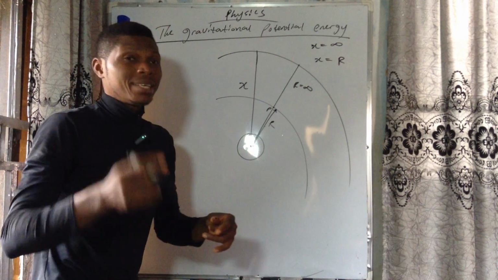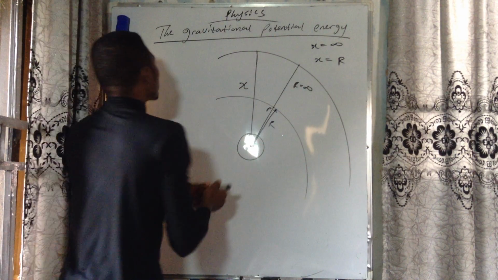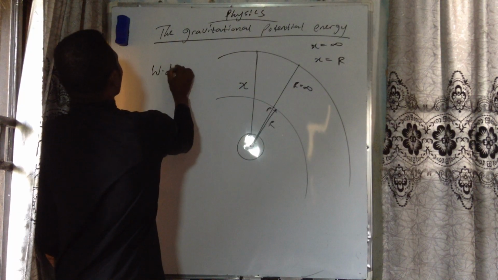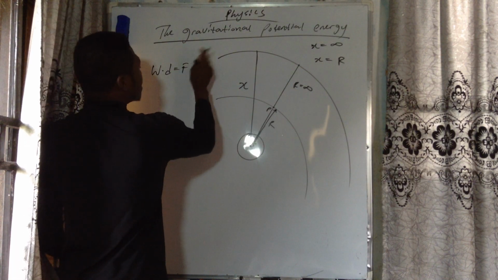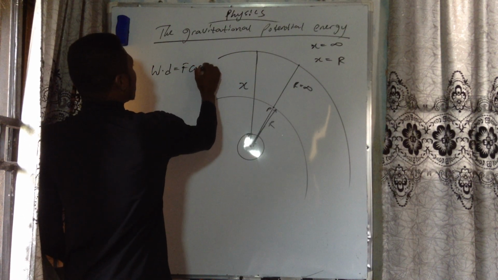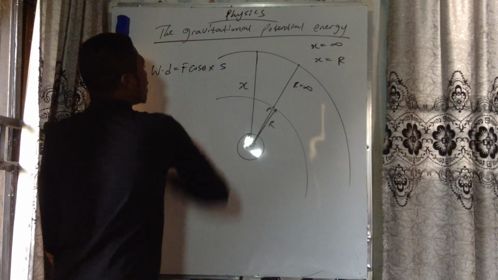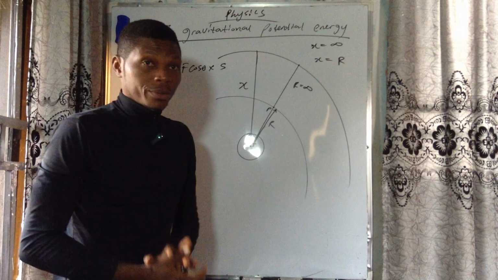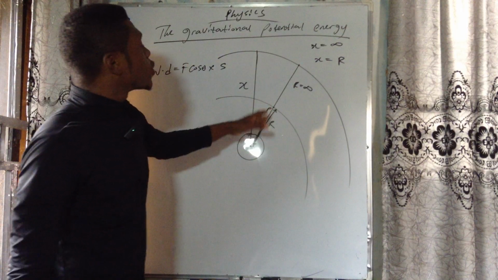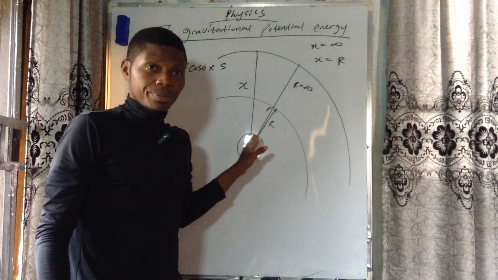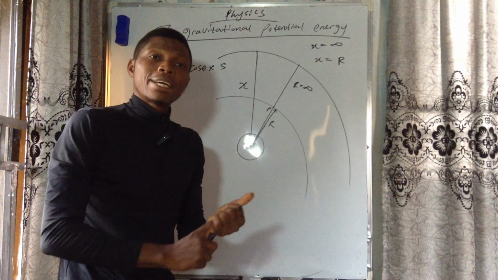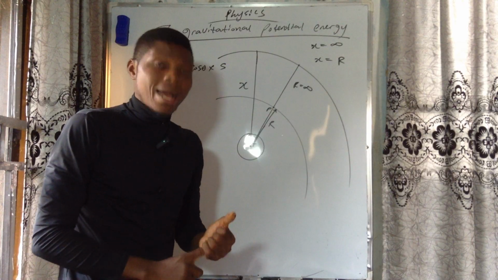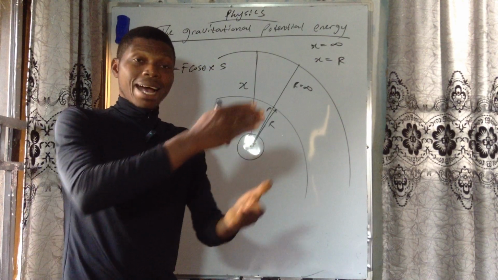Now, we defined it as the work done by the gravitational force. So work done is equal to force times distance, that is F cos theta times the distance X. When the gravitational force is doing that work, the direction of the gravitational force and the direction of the displacement are the same.